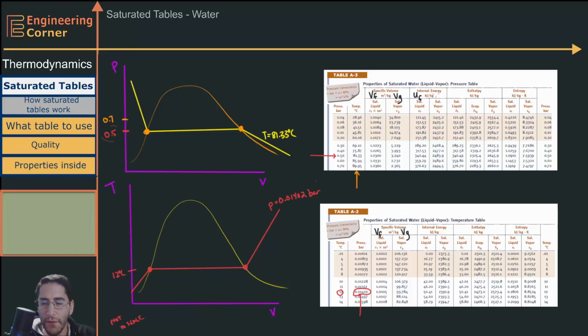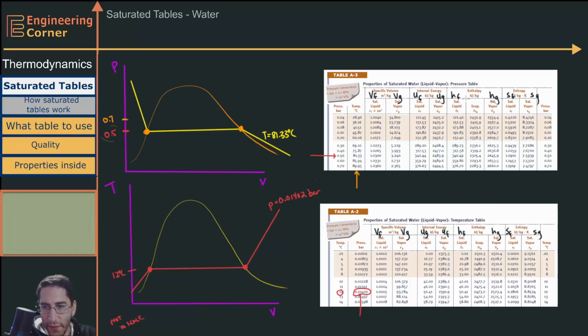We have a saturated liquid for enthalpy. Enthalpy is H, so HF, and this is Hg, which is a saturated vapor. HF, Hg. And then we have entropy, so SF and Sg.